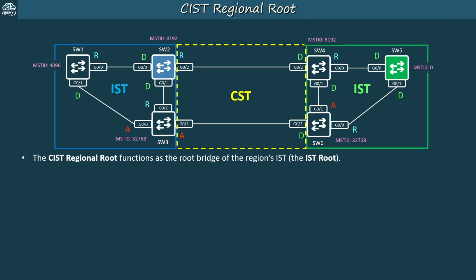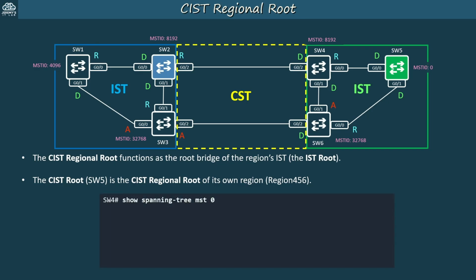And how do we determine which switch functions as the regional root? First of all, the CIST root, switch 5 in this case, is the CIST regional root of its own region, Region 456. So switch 5 is both the CIST root of the entire LAN and the CIST regional root of its own region. Let's quickly confirm that by looking at show spanning-tree mst 0 on switch 4, which is in Region 456.